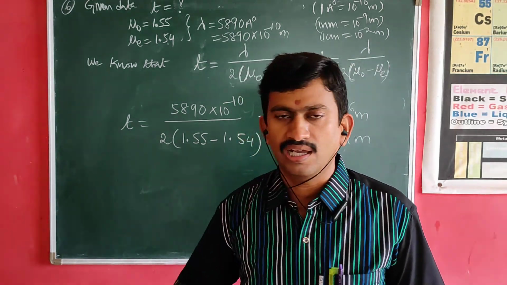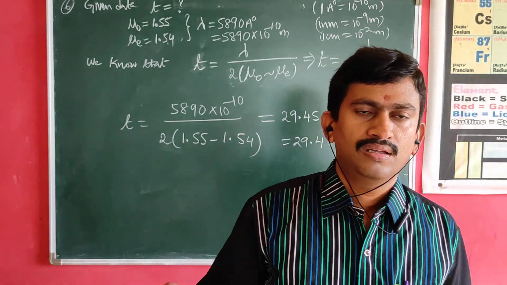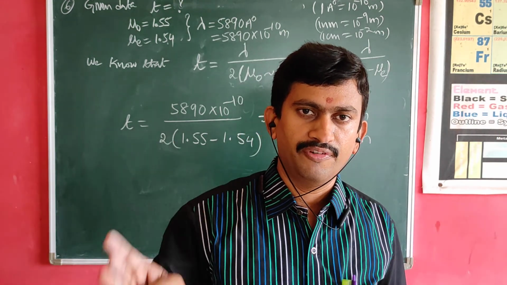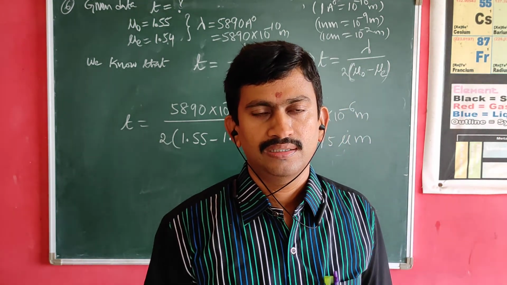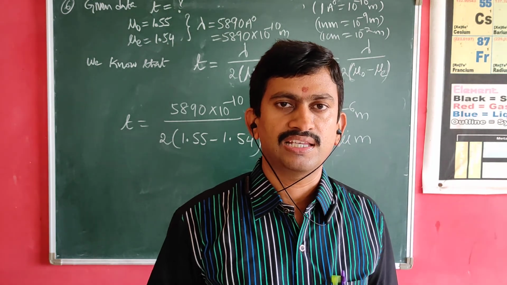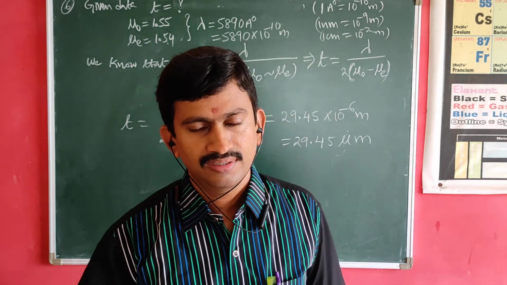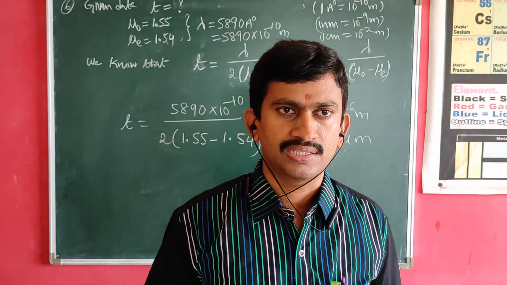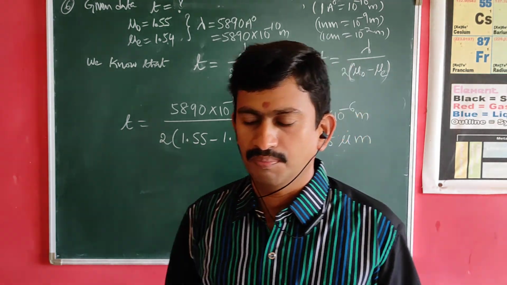Now in this class we completed model problems on the half wave plate and quarter wave plate, to find the thickness as well as the wavelength. This is regarding the numerical problems on polarization. All of you note it down completely.